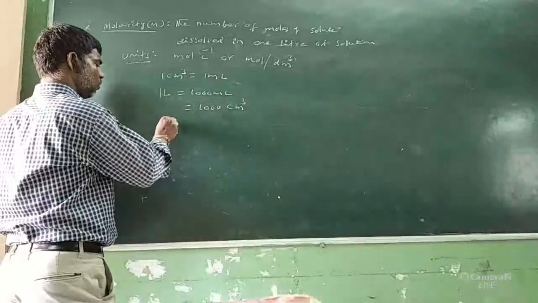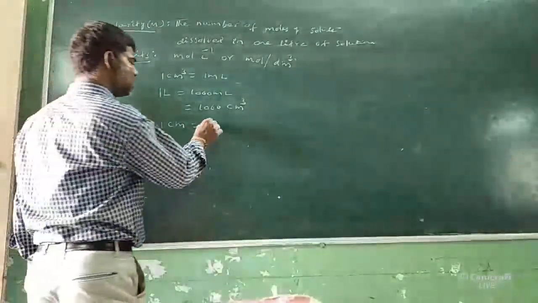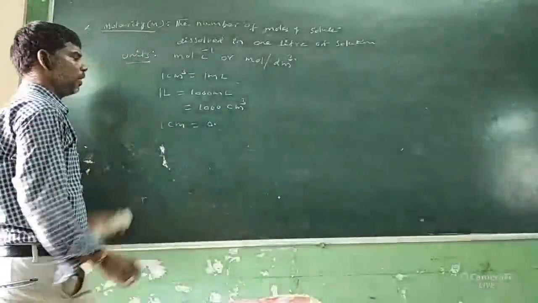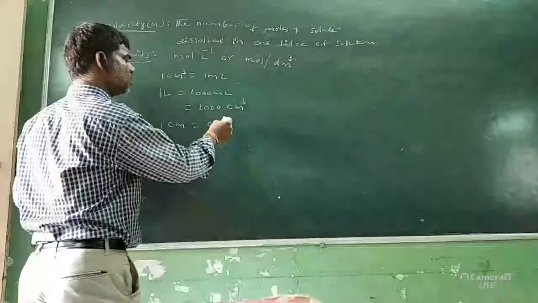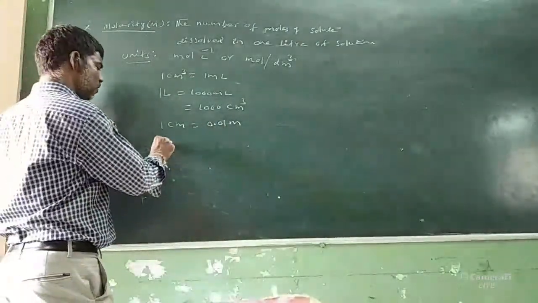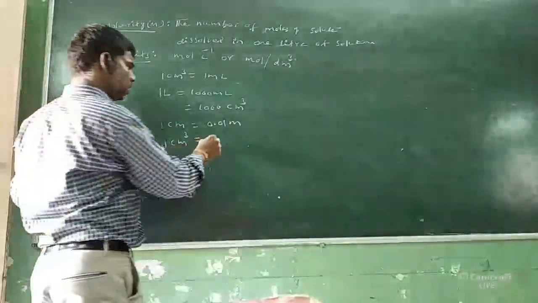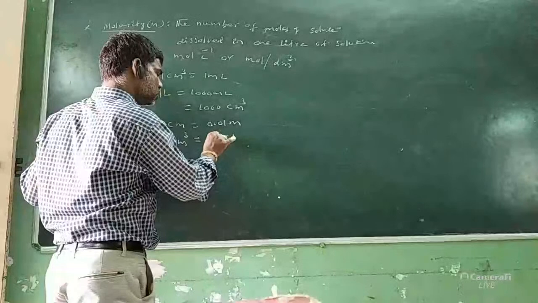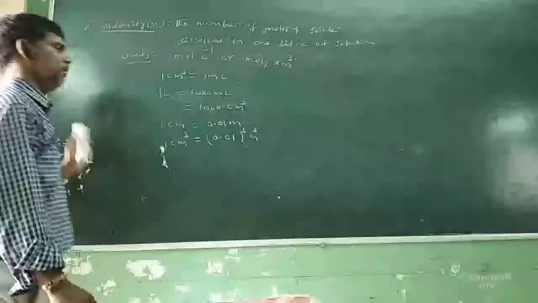Here 1 centimeter is equal to 0.01 meter, so 1 centimeter cube is equal to 0.01 whole cube, meter cube.